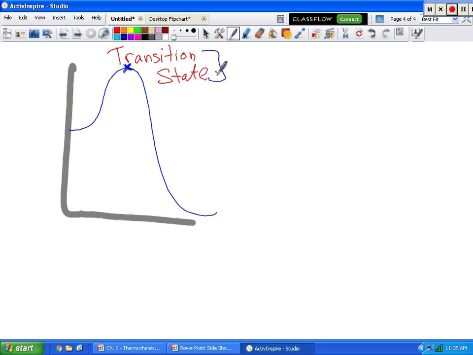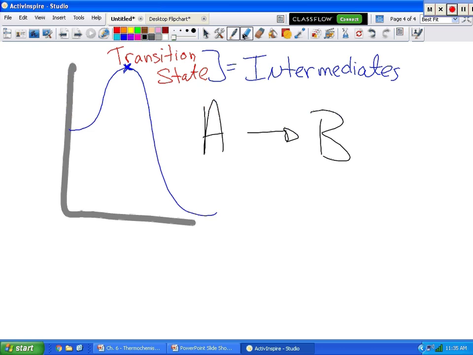Intermediates. And this is going to be very crucial to us throughout the next few weeks. So if we have A going to B, remember, is there stuff going on inside that arrow that you can't see? Yes, and that's where this next part comes in.